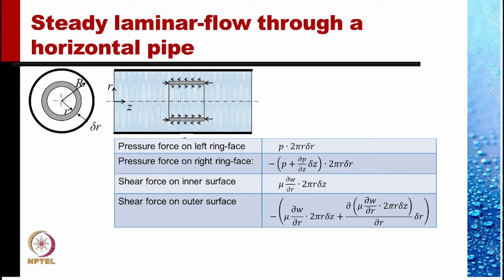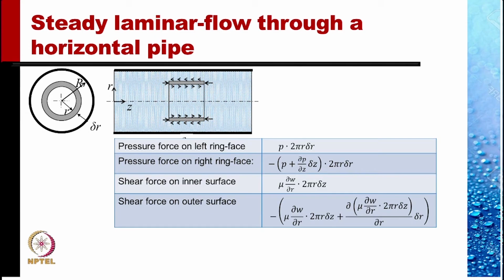The pressure force on the right ring face is negative and is obtained using the Taylor series expansion of the above result in the z direction. So it is minus P plus del P by del z into delta z, multiplied by twice pi r delta r, the area of the ring face.